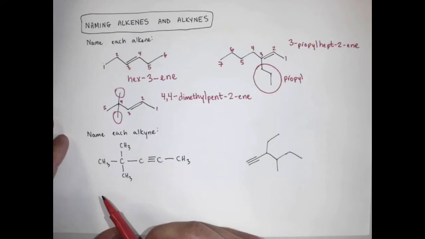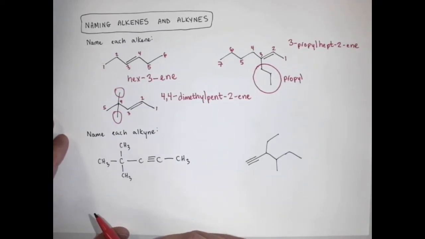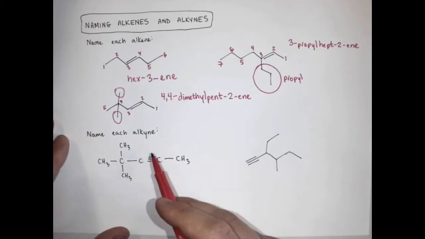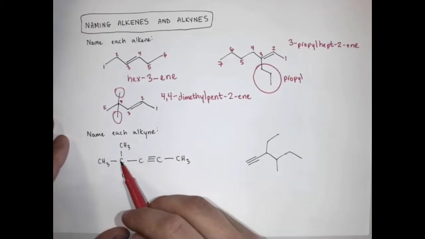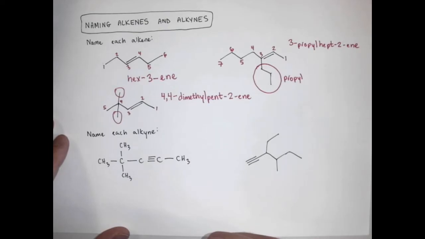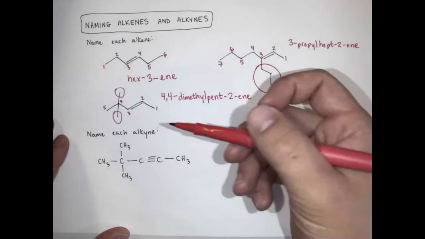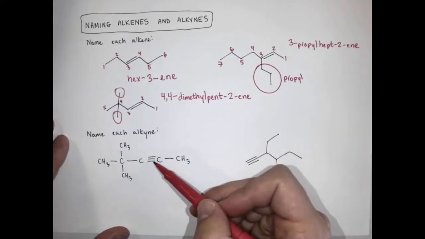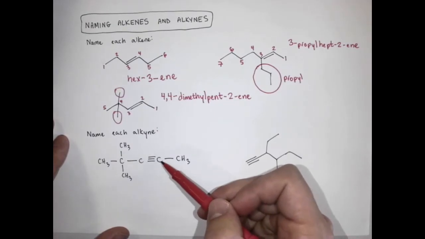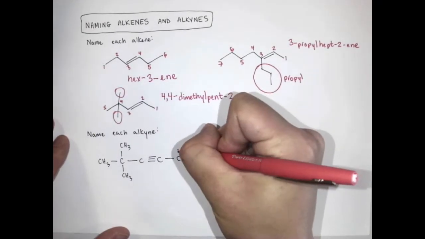If you want to try it on your own, once again, pause the video and see what the solution is by clicking play. All right, so I've got 1, 2, 3, 4, 5 carbons in this chain, and like an alkene, I need to figure out where the triple bond occurs, and it starts at carbon 2.